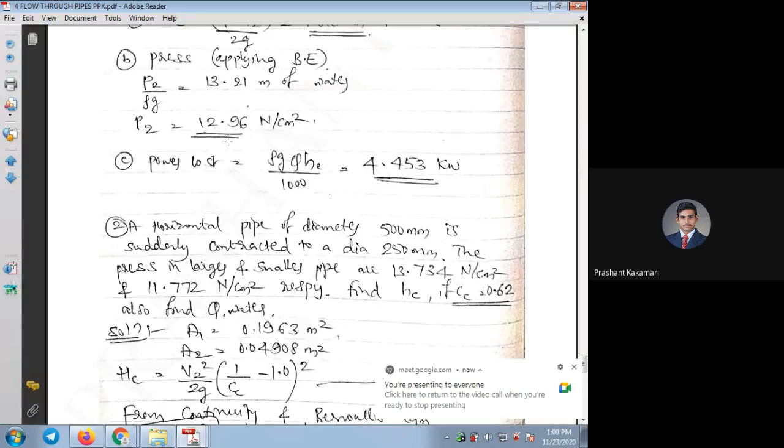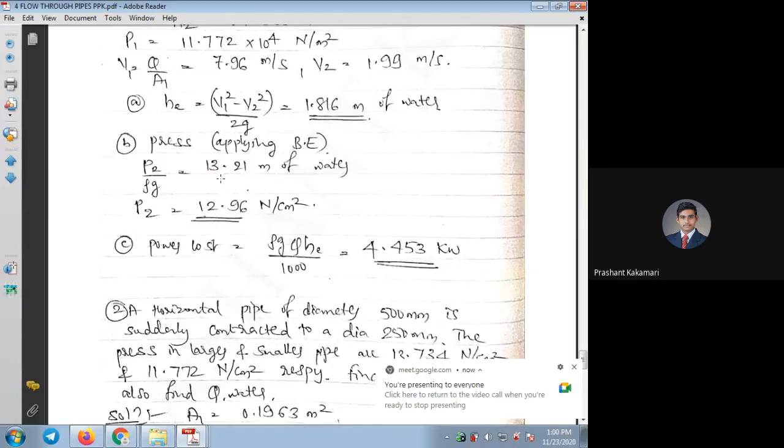Please confirm from Bernoulli's equation whether the pressure at sudden enlargement diameter is 12.96 Newton per centimeter square.